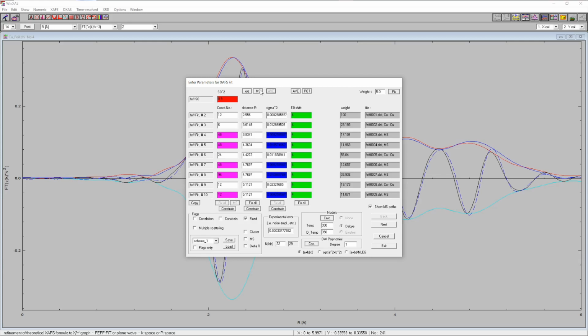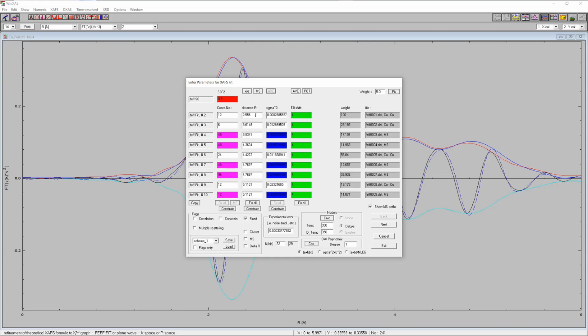So in theory, we could do the same for the distances now. I'm not going to try this because this does not result in a stable refinement. There is way too much correlation between the parameters, but of course feel free to try that if you want to see how this turns out.